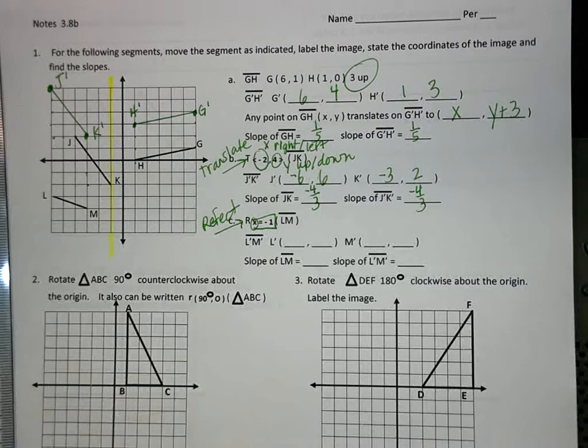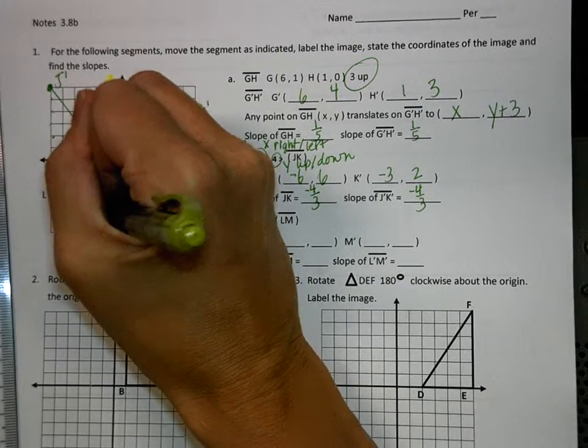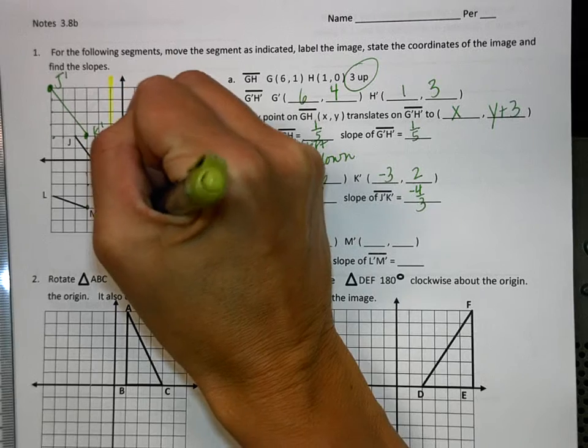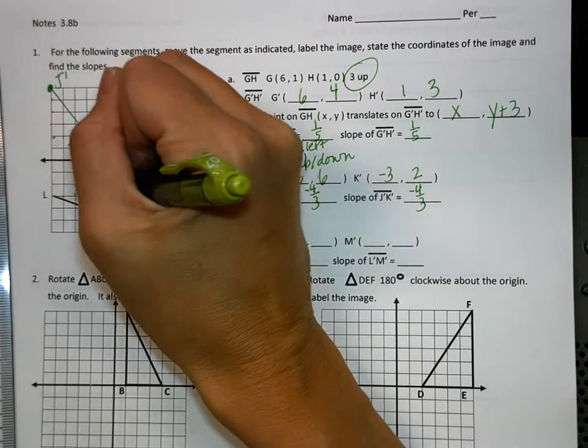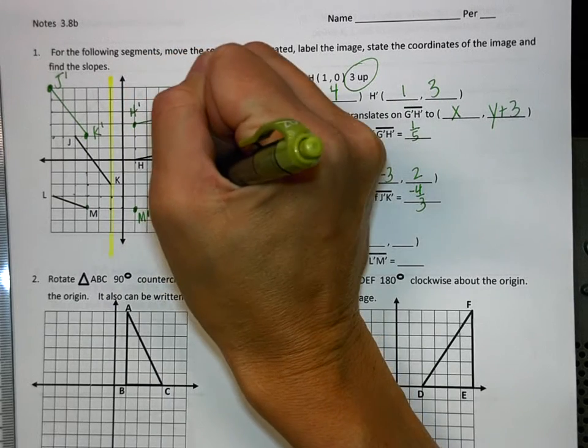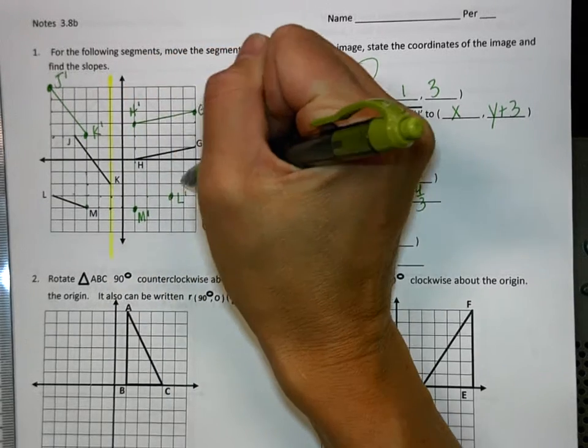And we talked about yesterday how when we're reflecting over a line, we want to count the distance the point is from that line. So if you look here at M, it's 1, 2 away. So we're going to count 1, 2 away, and that makes M prime. L is 1, 2, 3, 4, 5 away. So we count 1, 2, 3, 4, 5 away, and then we have our L prime.